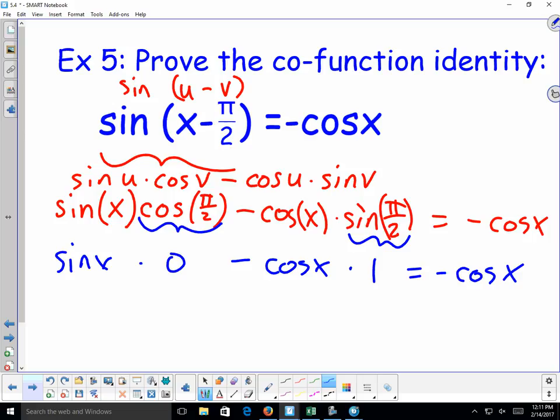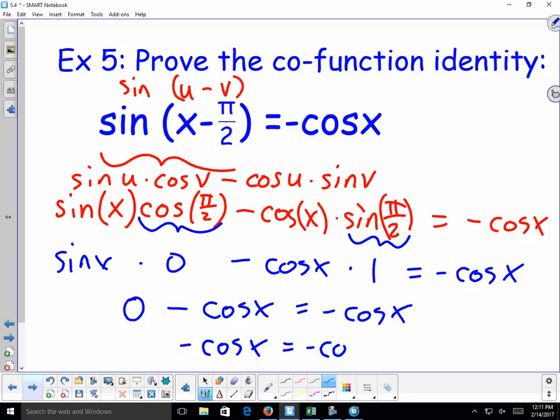So sine x times 0 is 0. So I got 0 minus cosine x times 1 is cosine x. So are the two sides equal to each other? Yes. And we're done. We verified this identity. We've proven this identity is true using a sum or difference formula.